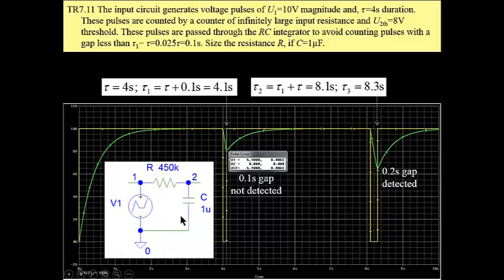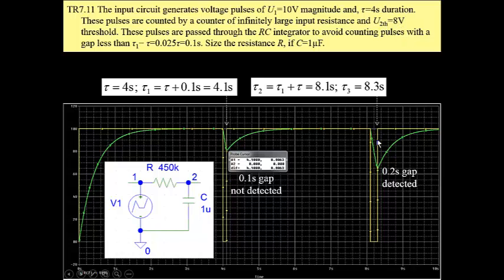Okay, this is a combination of pulses, and the duration of this gap is exactly 0.1 second. This gap is not detected, because the output voltage drops to a voltage which is greater than the threshold.